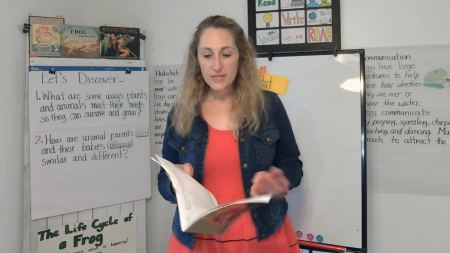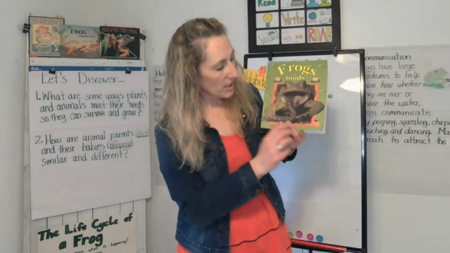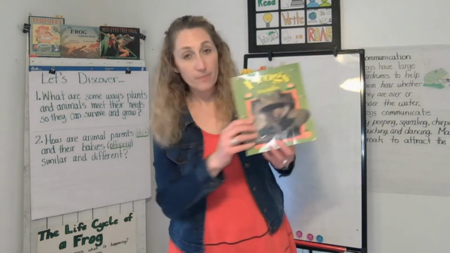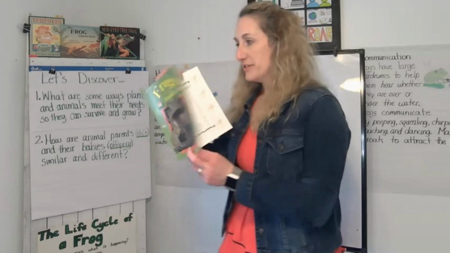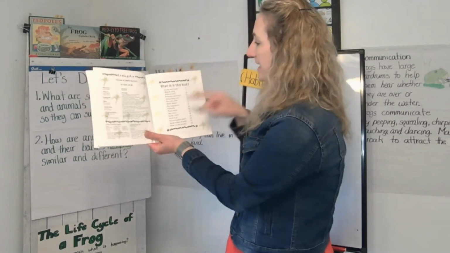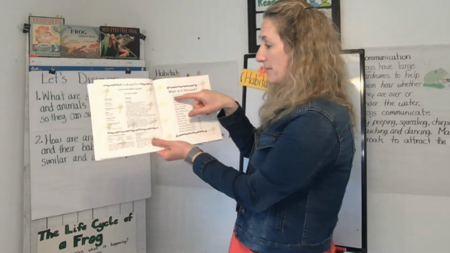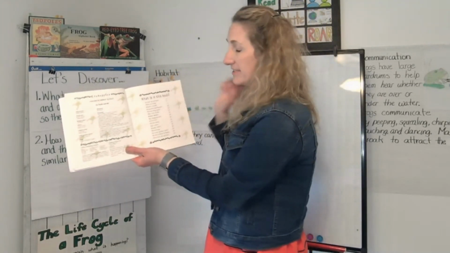And I wanted to show you in this book that we've used a couple of times, Frogs and Toads, a Bobbie Kalman book by Crabtree Publishers. In this book, there is a table of contents, and it literally says what is in this book. And there's a little phrase for each part, and then it tells you the page number.